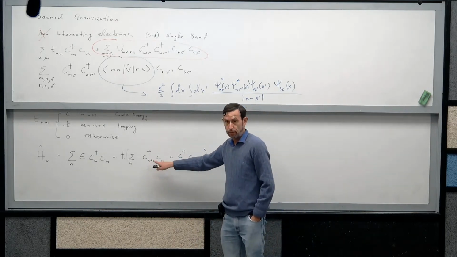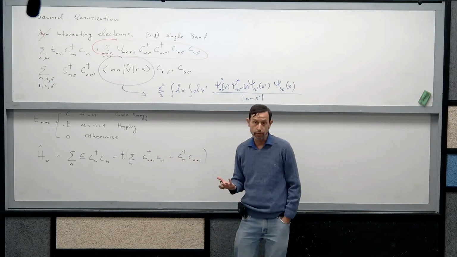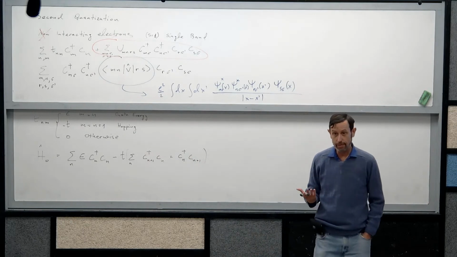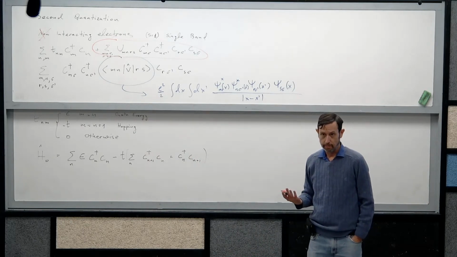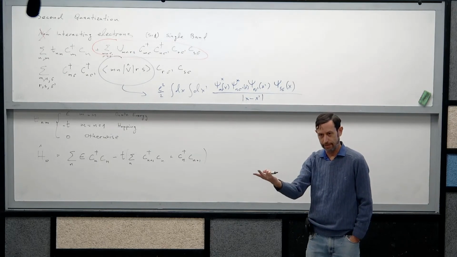What I have to have here is a term that is hopping to the left and hopping to the right. First of all, on physical grounds, there shouldn't be any difference between hopping from left to right and hopping from right to left.